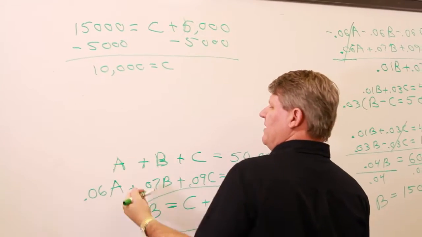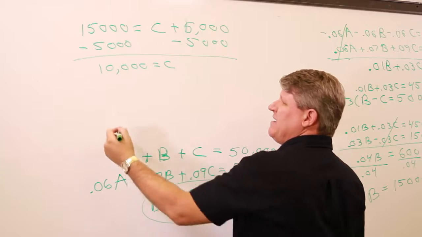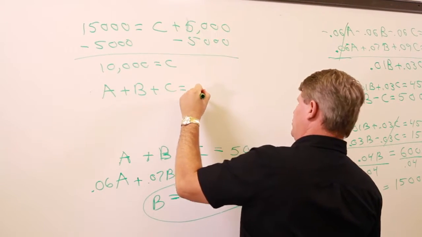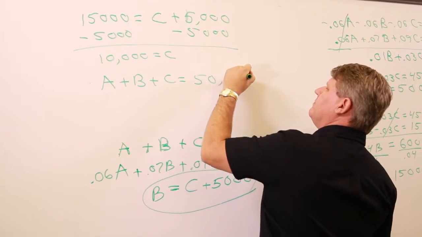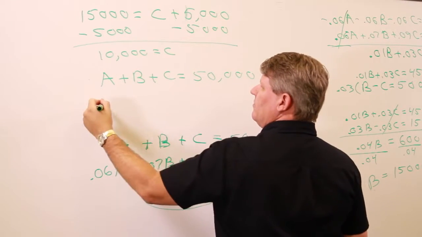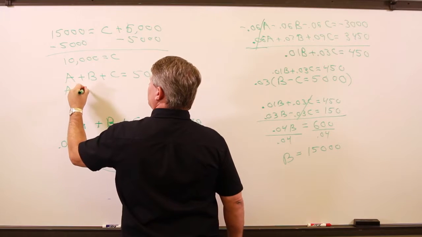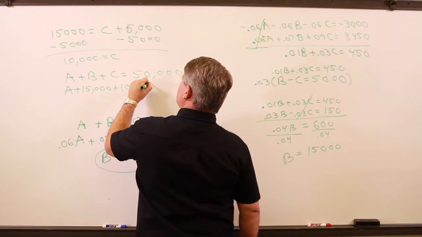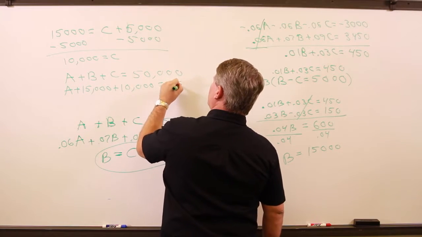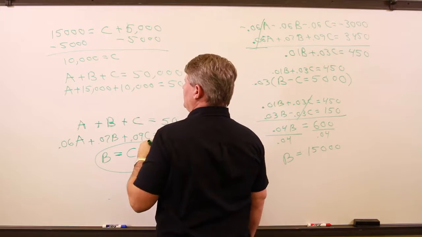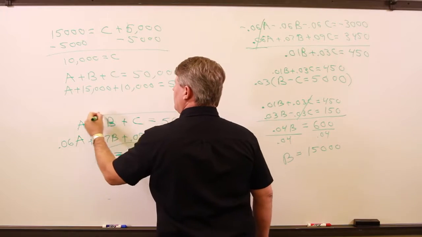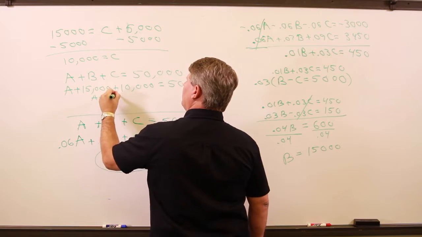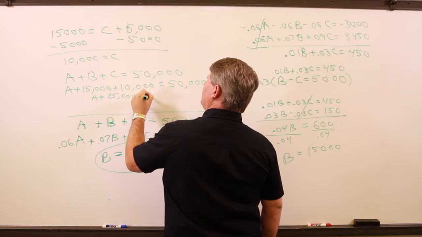And then lastly, to find out how much money was put into Fund A, I will take the equation A plus B plus C is equal to 50,000. I will fill in 15,000 for B and 10,000 for C. And if I solve that equation, I will get that A plus 25,000 is equal to 50,000.